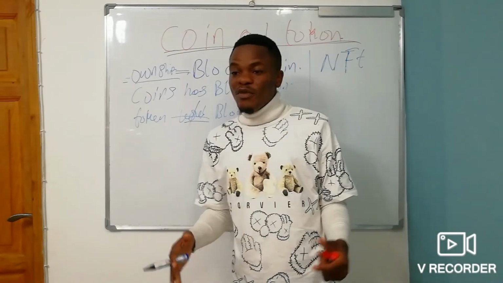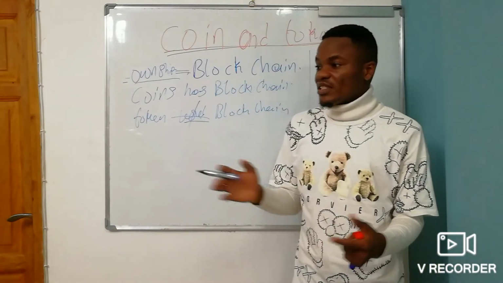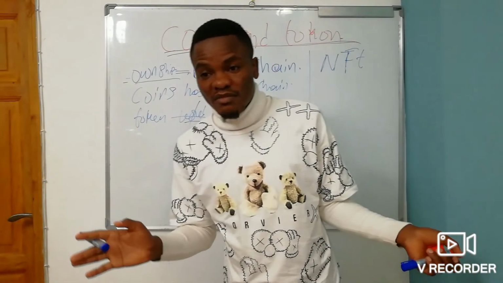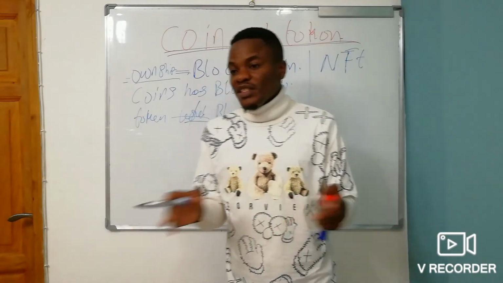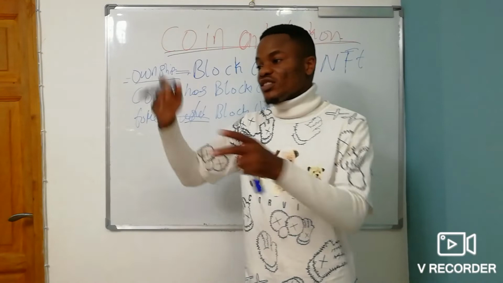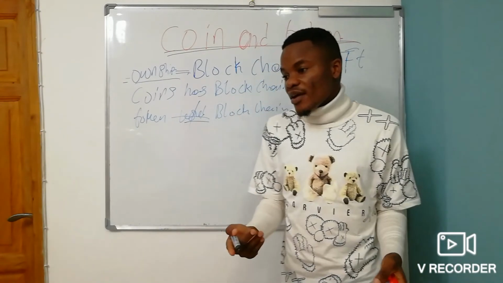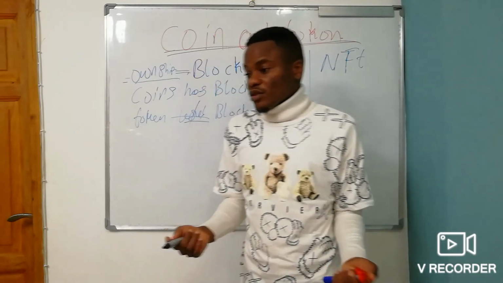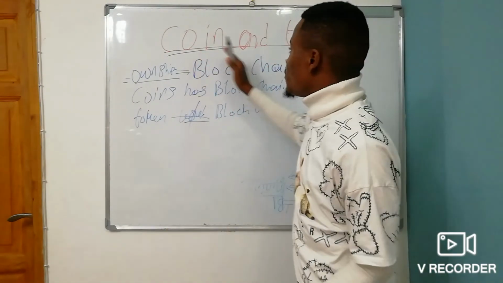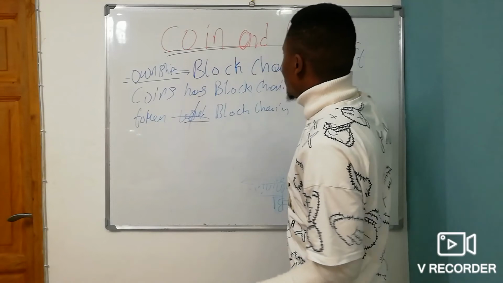But if you don't have that amount of money, you'll be renting the service. You can register for a gym somewhere and go on a daily basis, do your sport and go back home. So that's just the difference between a coin and a token.